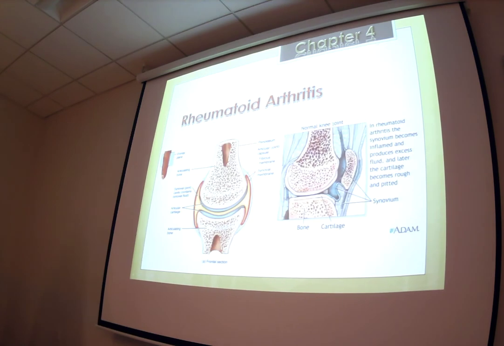So here, it's kind of a cross-section view. Here's the bone, so this is just a frontal plane of your finger, essentially. Here's the synovial membrane, highlighted in red. Here's that fluid in the joint space that's there to help reduce friction in the joint and in the articular cartilage.